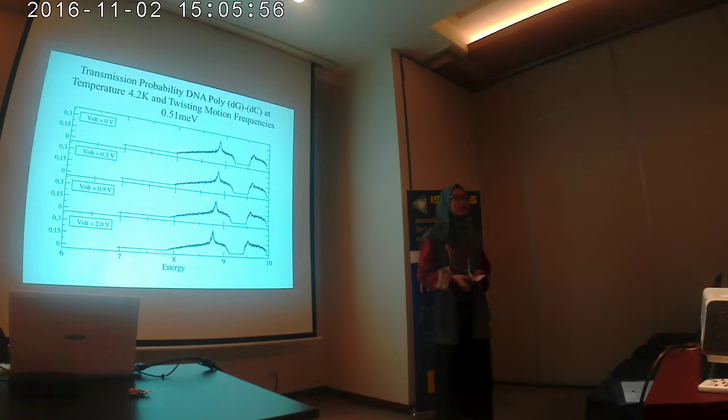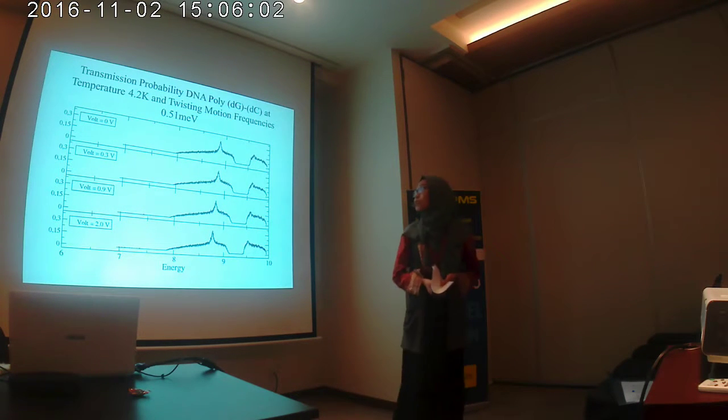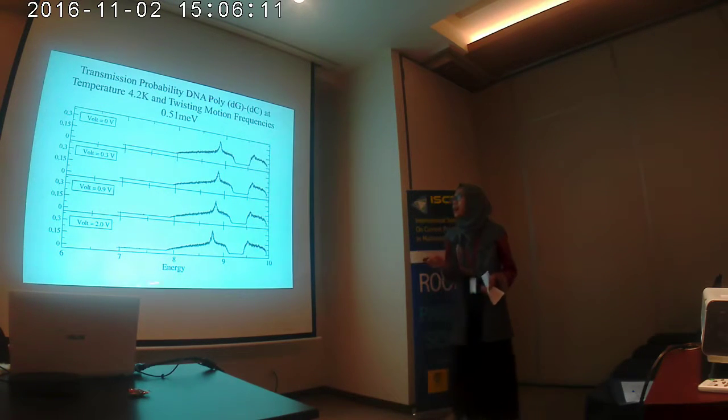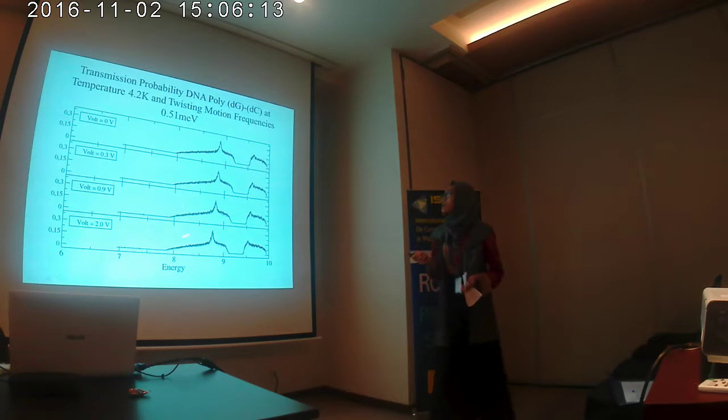For this calculation, we use 4.2 K as the temperature and a twisting motion frequency of 0.21 megaelectronvolt. From this transmission probability graph, we can see that the extended state band shifts to the left, to the lower energy level.